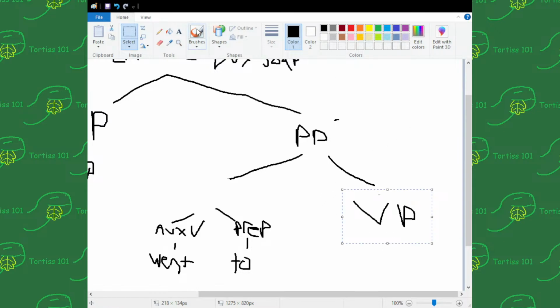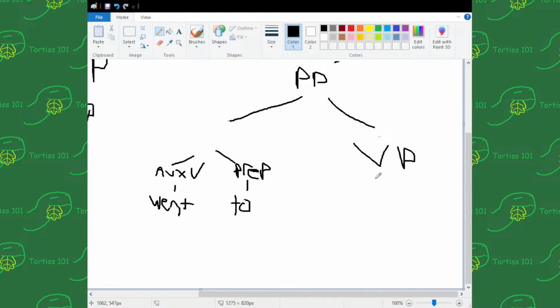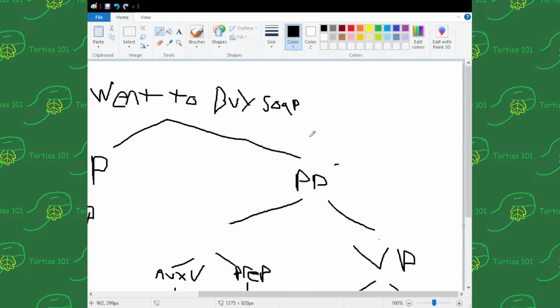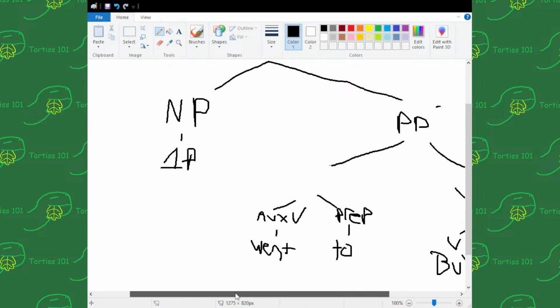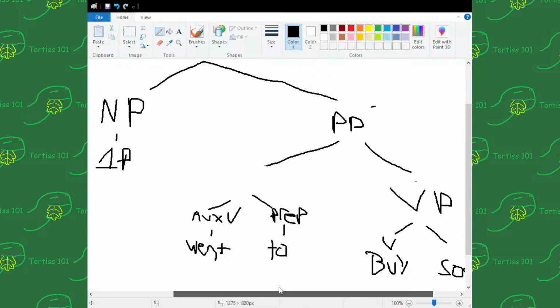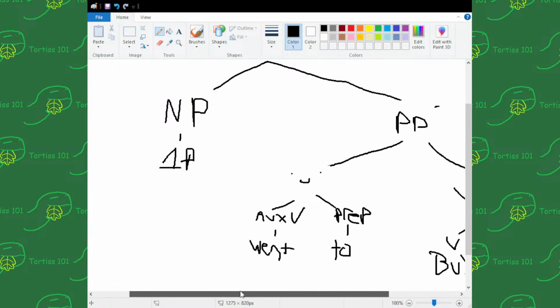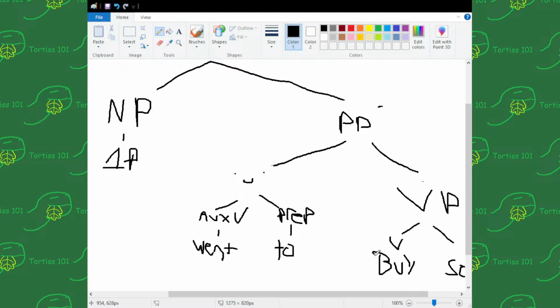Verb phrase. The actual verb itself is buy, and the object is soap. Then I don't know what to write here, so I'm just going to draw a smiley face. But I think this is pretty much how it breaks down. I went to buy soap.